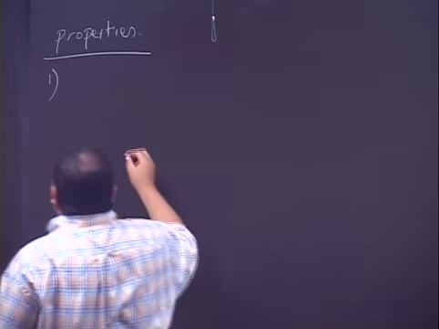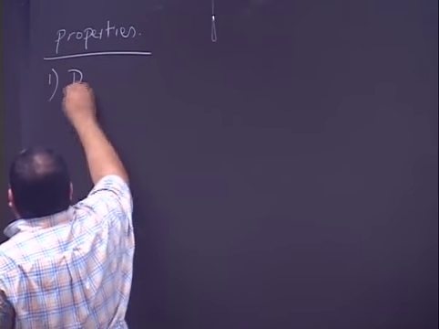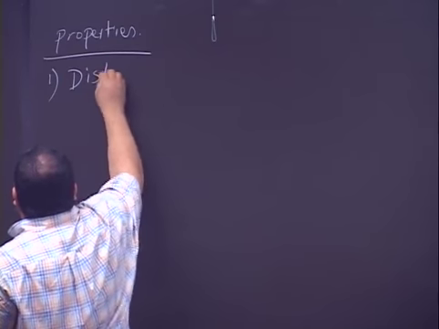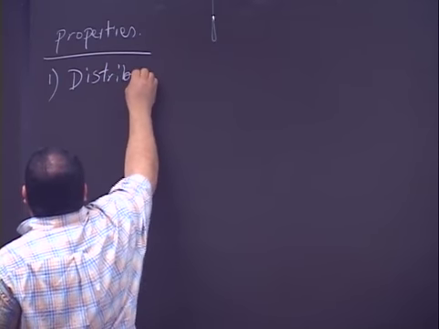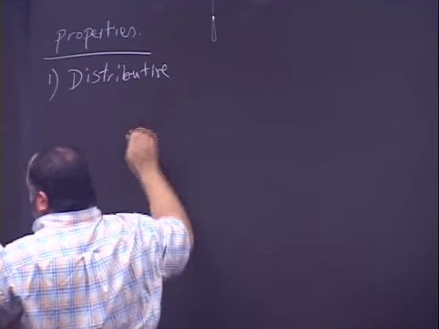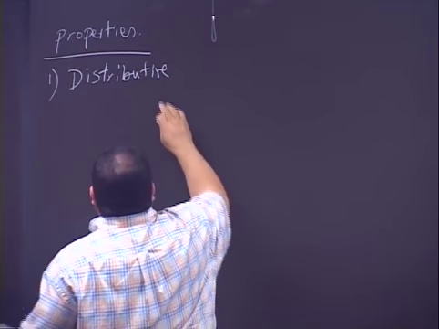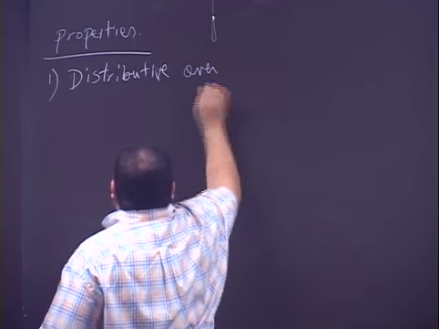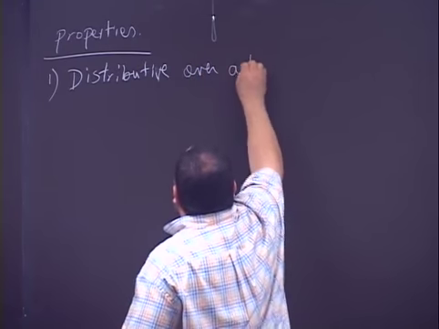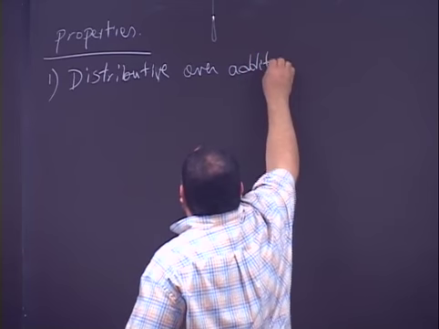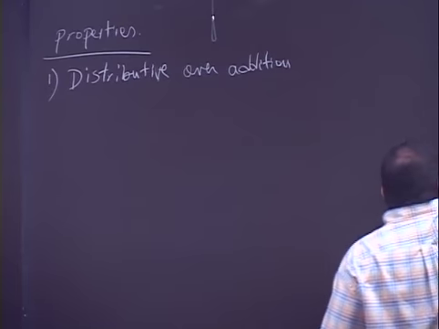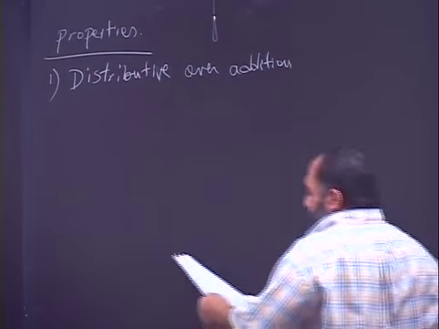The first one is that the vector product is distributive over addition. What does it mean?